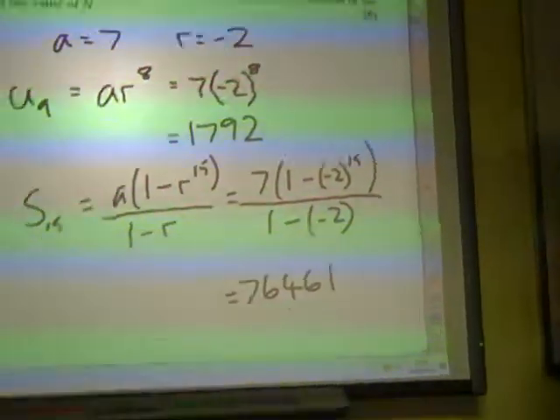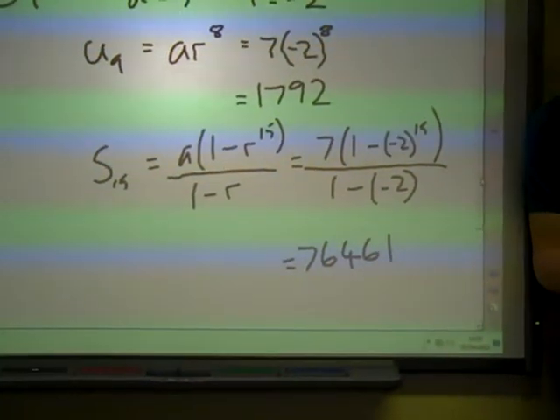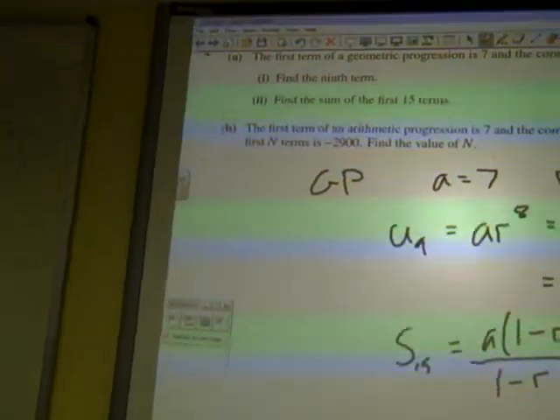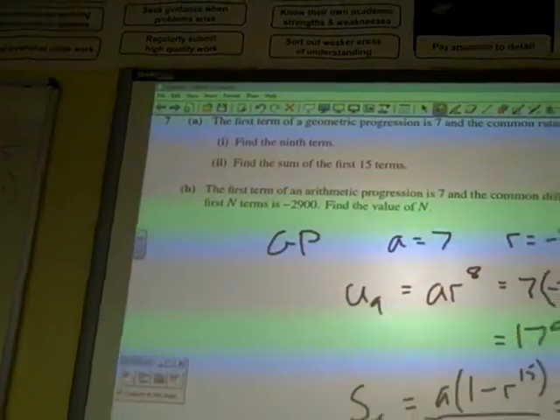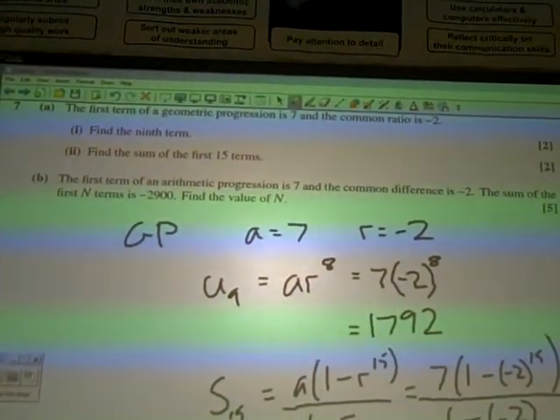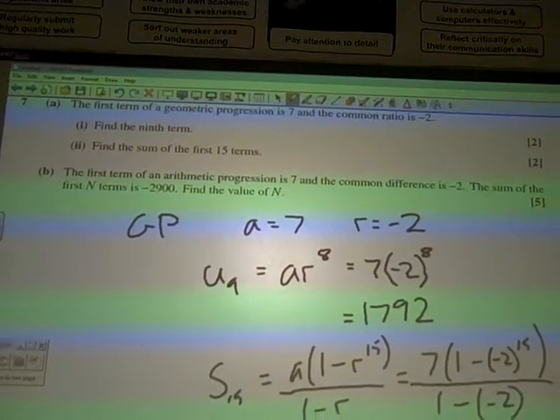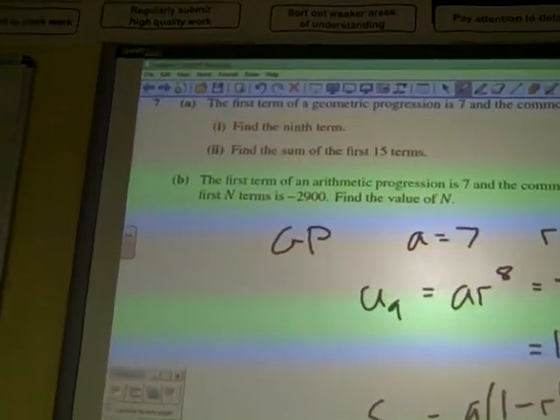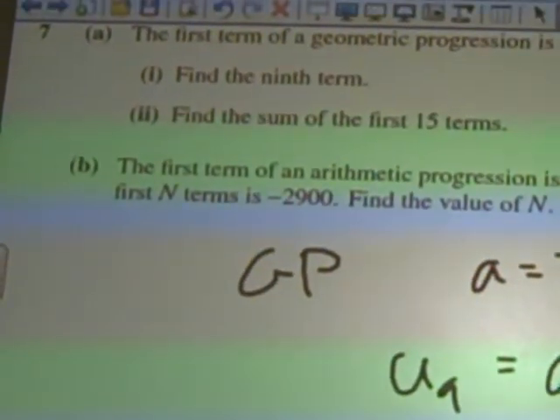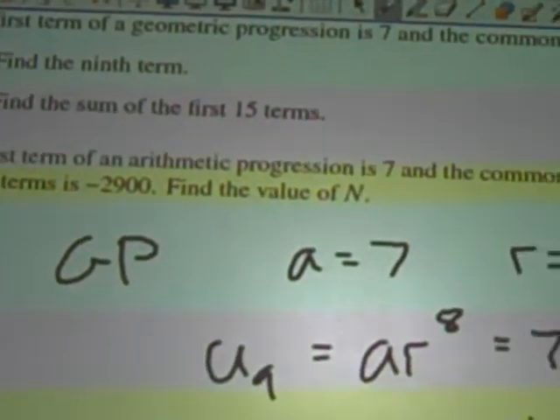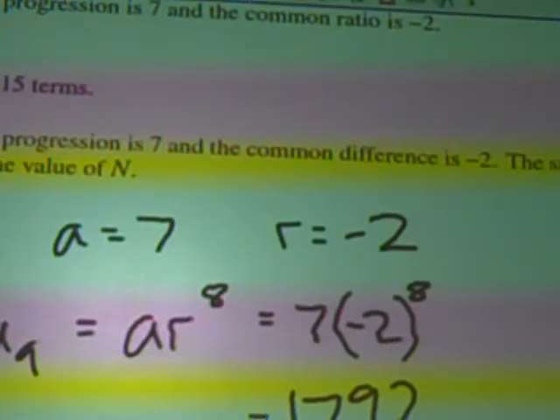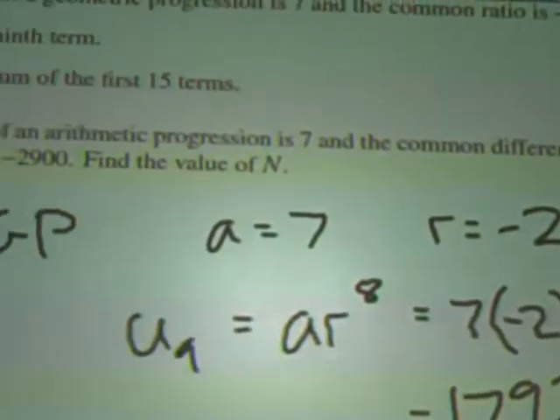Now, this looks like this is going to be a bit more complicated. We've got an arithmetic progression. The same kind of basic information going on. First term is 7. Common difference is -2. And the sum of the first n terms is -2,900. Find the value of n.